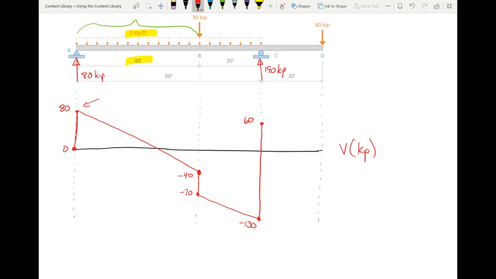Flat. That's exactly right. There's no load in this region, so if there's no load, there's no change in the shear diagram. And then what do you see there at D? You see a 60 kip load brings you back down to 0. There's your shear diagram.